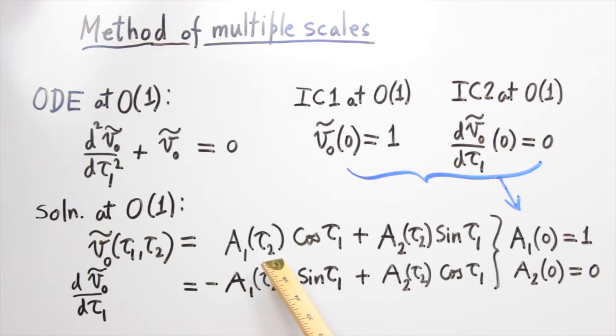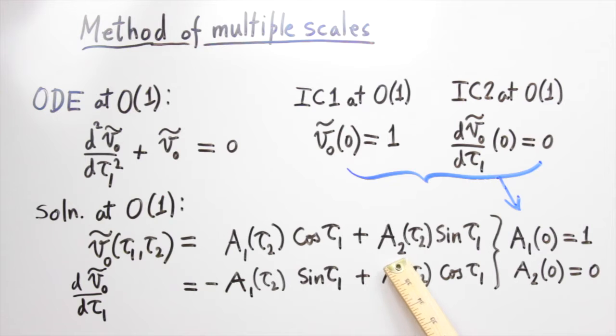Slow time appears parametrically at this level. Since we have these initial conditions with time derivative, we calculate this time derivative, and so we can see the solution and its time derivative.